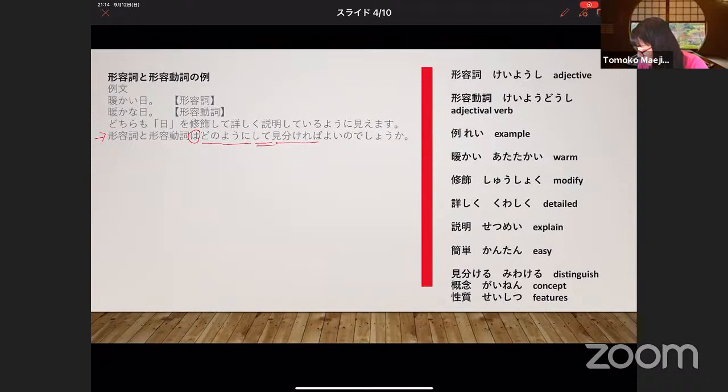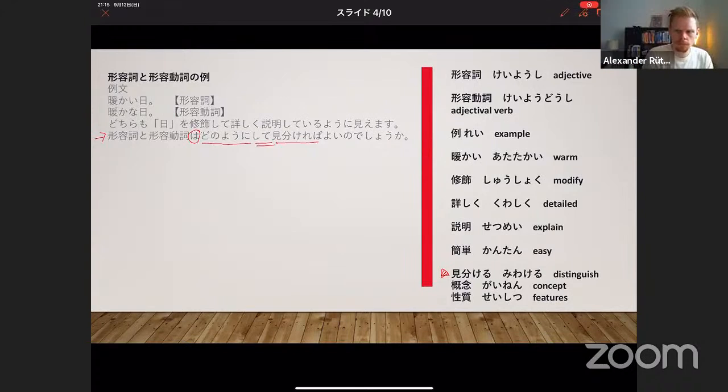So this one, 見分ける. 分ける is to divide. How can we look at it and then divide into categories?